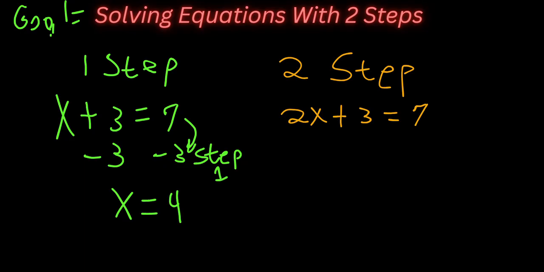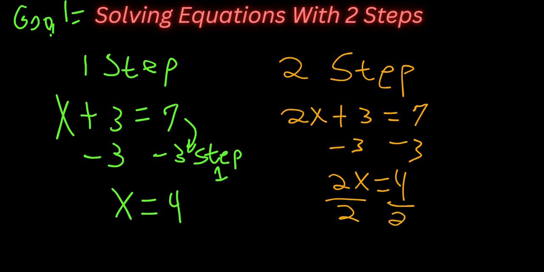So the best and simplest way to approach this is to subtract 3 from both sides. Subtract 3 from both sides and get 2x equals 4, and then divide. You have a one-step equation now, so you just need to divide and you'll get x equals 2. That is the best way to solve that equation.